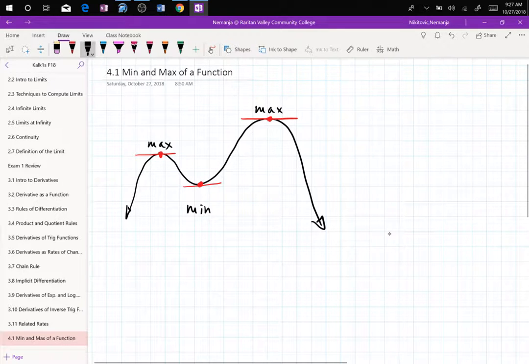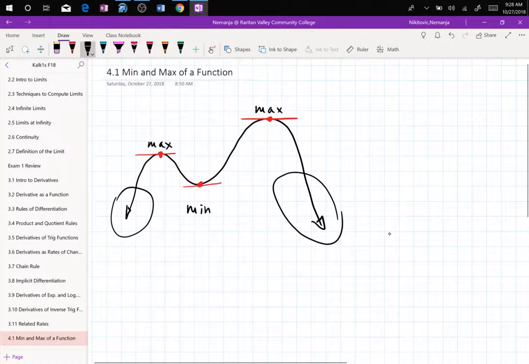If you observe the two max values presented to you, one is higher than the other. Also, if you consider a min value, you don't see any other min values, but you see a whole bunch of points that are lower than that minimum value, right?